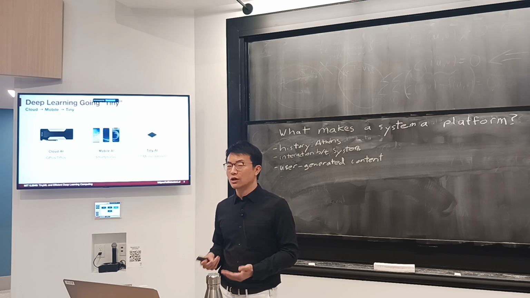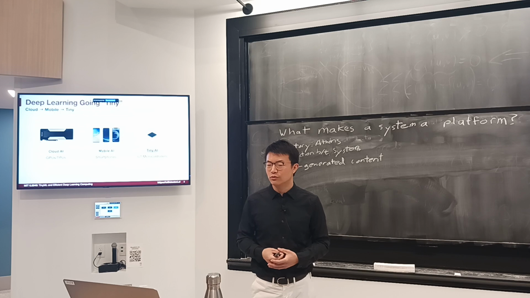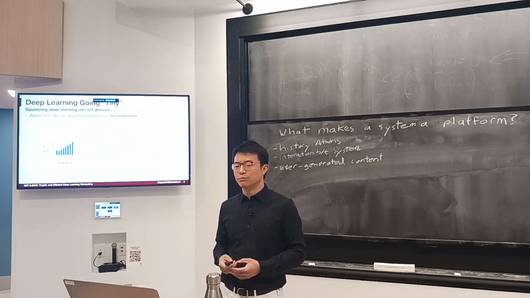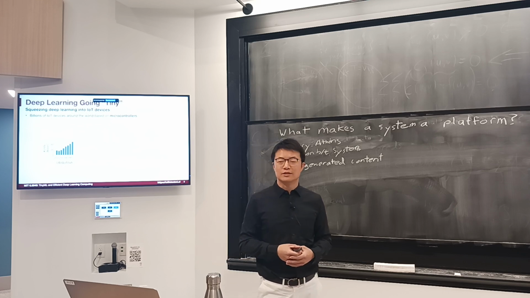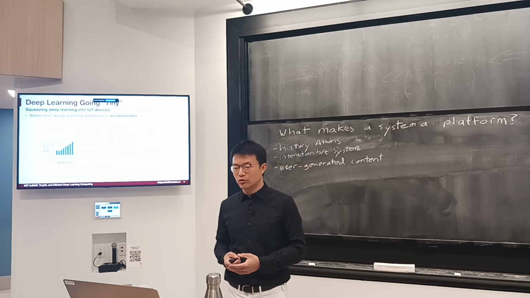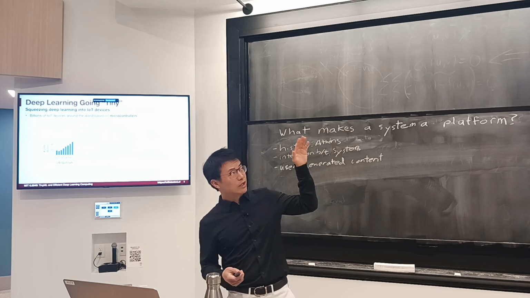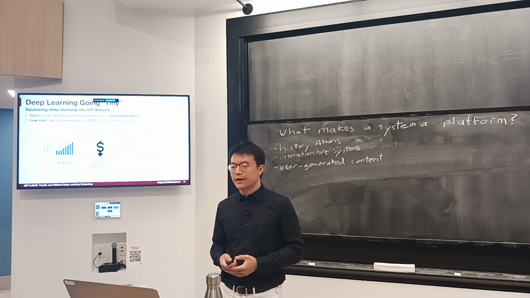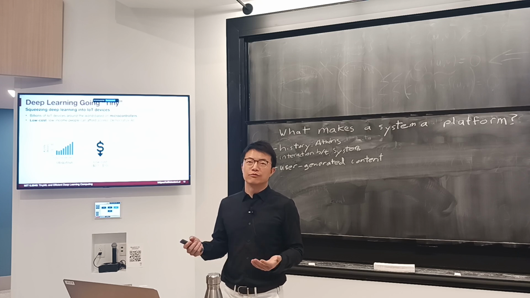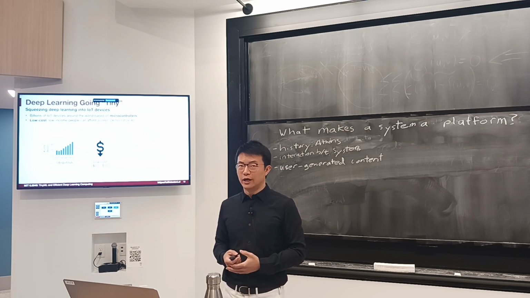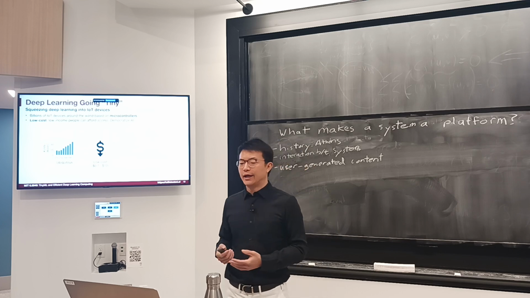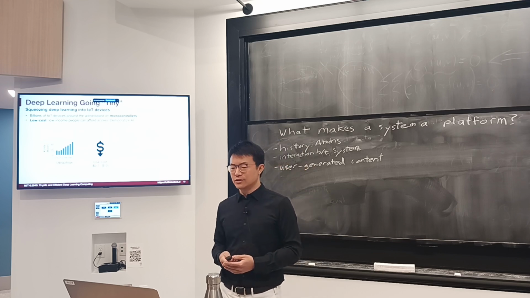For example, microcontrollers. These microcontrollers are everywhere in our lives. There are billions of IoT devices around the world based on microcontrollers. You can see across the years, the number of IoT devices is increasing, and they have very low cost, just a few dollars, so everybody can afford it. We can democratize AI to these low-cost edge devices.